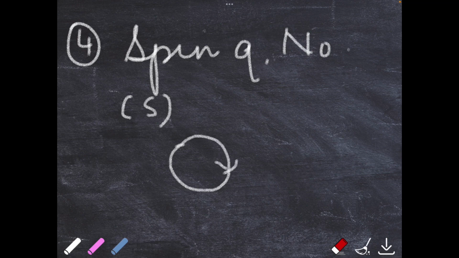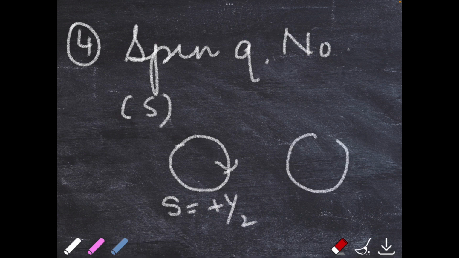One is in the clockwise direction, and the spin quantum number will be +1/2 in this case. And it can also revolve around the nucleus in the anti-clockwise direction, and the spin in this case will be -1/2.